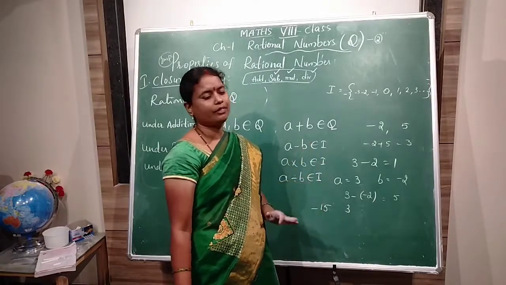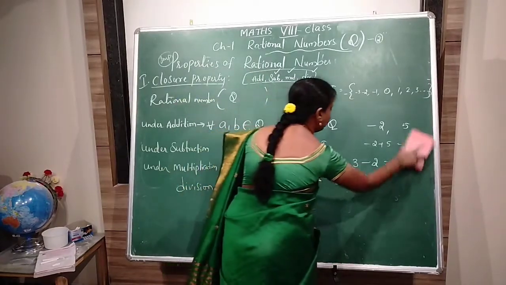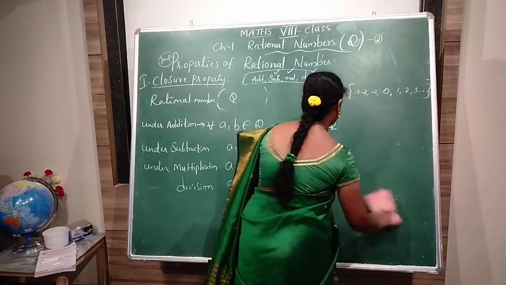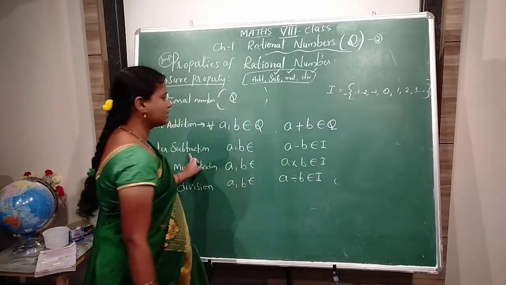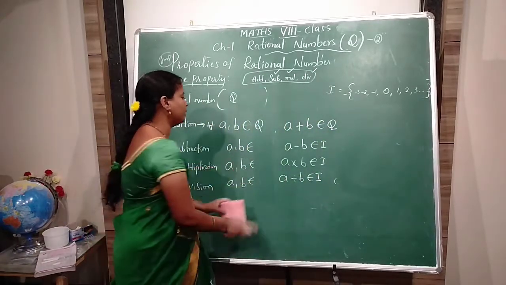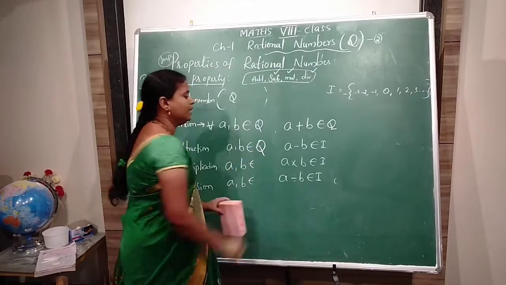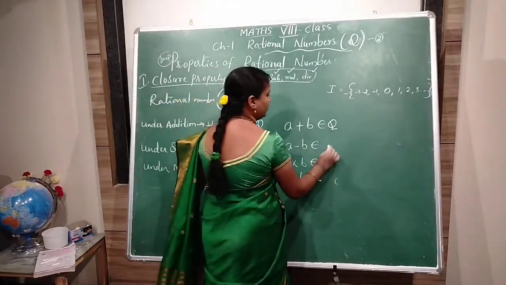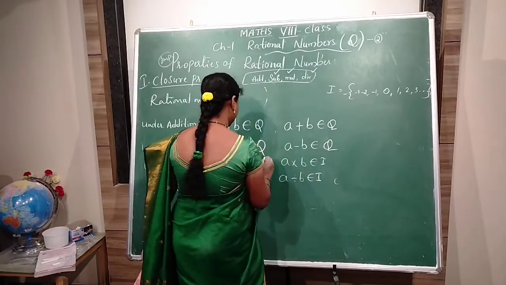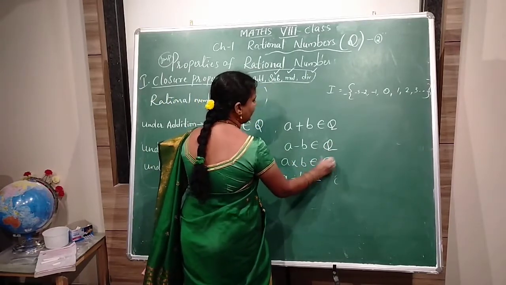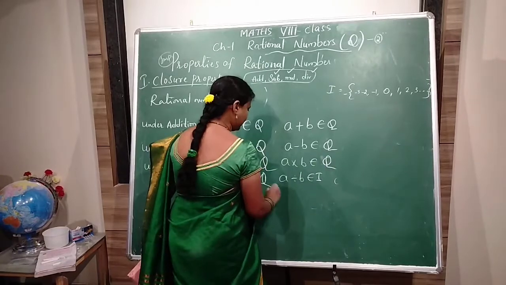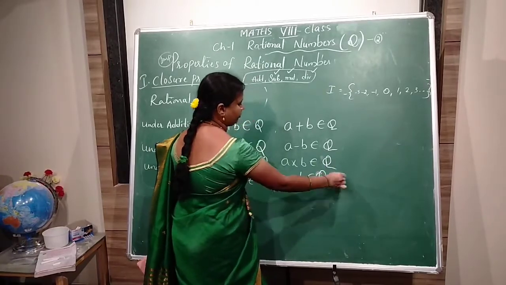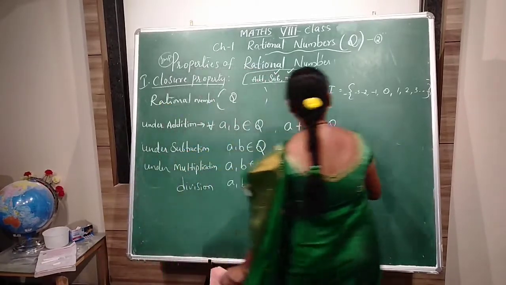Take different examples and check the result. Then under subtraction, if A and B belong to rational numbers, does A minus B also belong to rational numbers? Check that the same way, under multiplication and under division too.